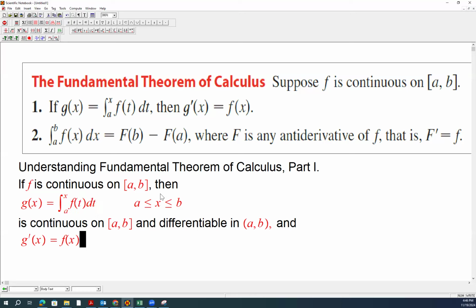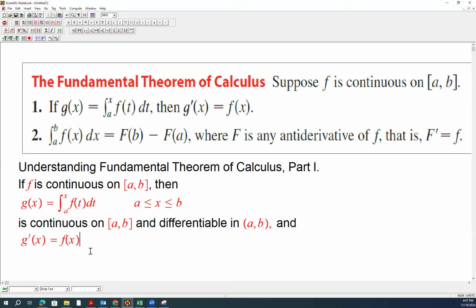And Fundamental Theorem of Calculus Part 1 states that g, which is defined as such, is continuous on the closed interval from a to b and differentiable in the open interval a to b. And what is more, the derivative of g with respect to x is f of x, right? We saw f of t. So they're the same function, except that here it is f of x.